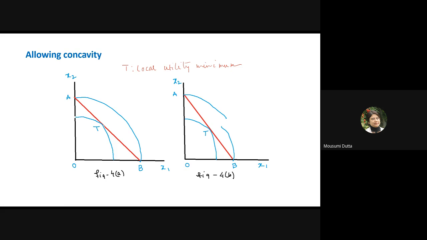Optimum will be achieved when she consumes only one commodity at the limit.